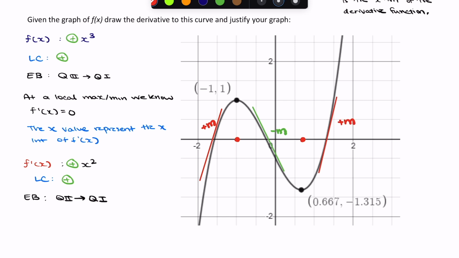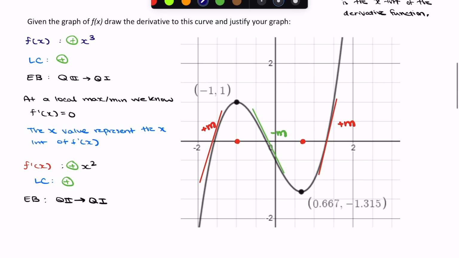And so here, if we look at our function when we draw our derivative function, we're drawing a parabola. And when we're looking at our f prime of x function, we see that it increases here.